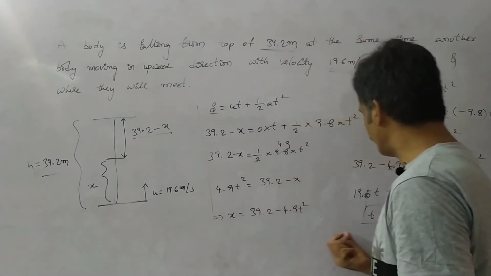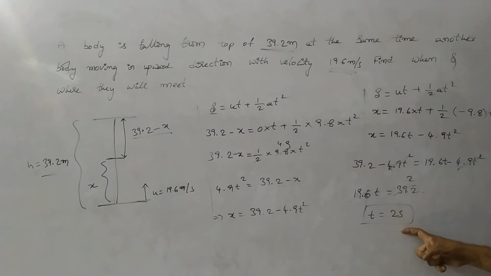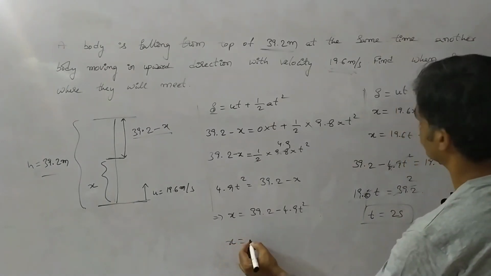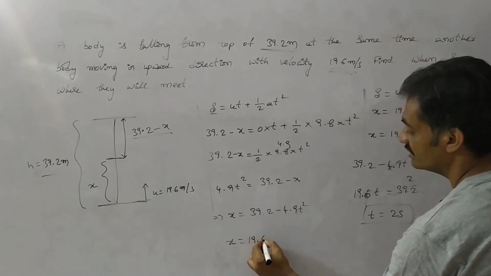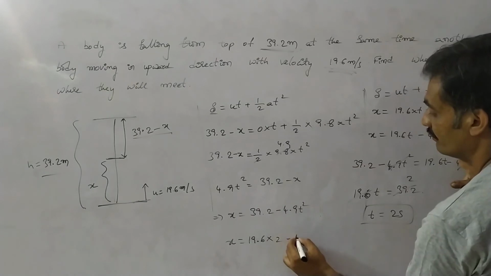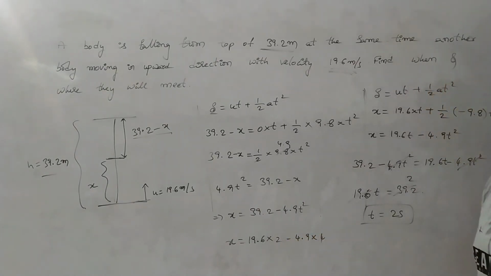Based on that, now we have to find the distance at which these two bodies are going to meet. So can we substitute this value in this equation? If we substitute here, we have x equals 19.6 into 2 minus 4.9 into 2 square, which is nothing but 4.